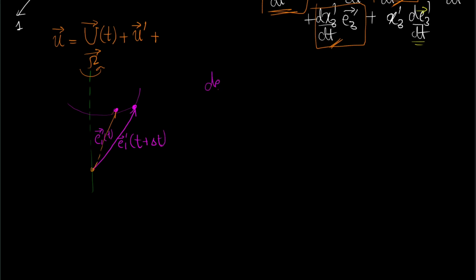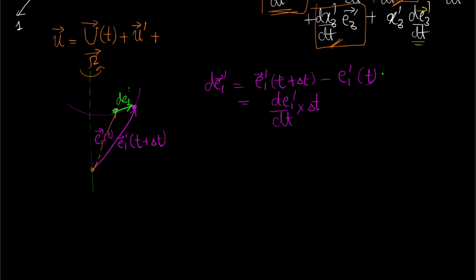So now what is dE1 prime? This is E1 prime at t plus delta t minus E1 prime at t. Essentially, if you use the Taylor series expansion, this becomes dE1 prime/dt times delta t. So dE1 prime from geometry is going to be E1 prime plus dE1 prime will give us, so it's just a triangle rule.